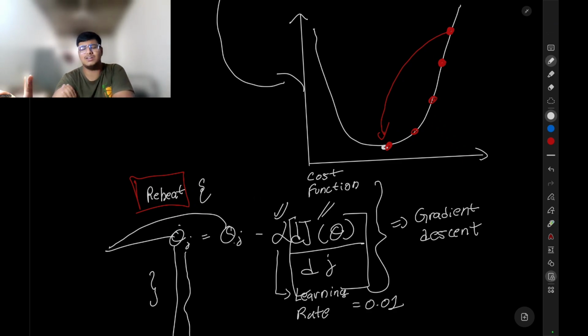You can set it 1,000 times, 100 times, or you can set a target value. For example, the difference between this value and this value, if it is lesser than the target value, then we will stop the gradient descent algorithm. Okay. So this part is, I think, clear.